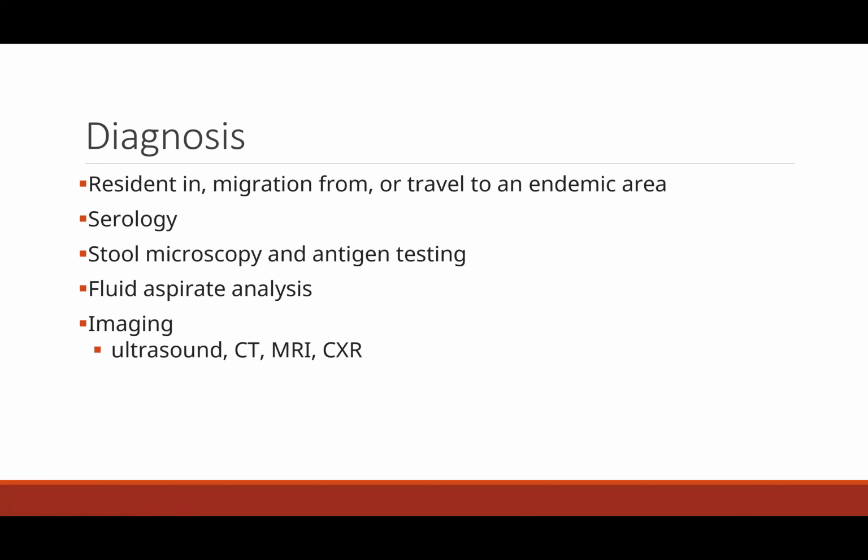In terms of imaging, radiographic imaging of the liver can be pursued with ultrasound. You can do a CT, or if you have access, you can do an MRI. I've added chest X-ray here because you may see chest X-ray abnormalities in about half of the patients with amoebic liver abscess, and the most commonly seen abnormality would be elevation of the right hemidiaphragm.